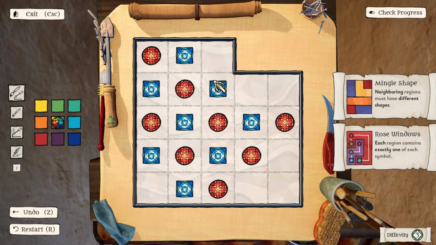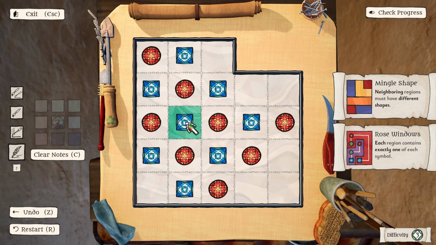Let's do this one. Mingle shape. Ooh. Okay, that is going to have to be just a domino.